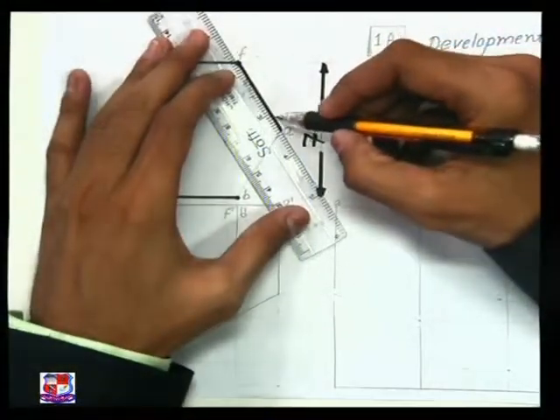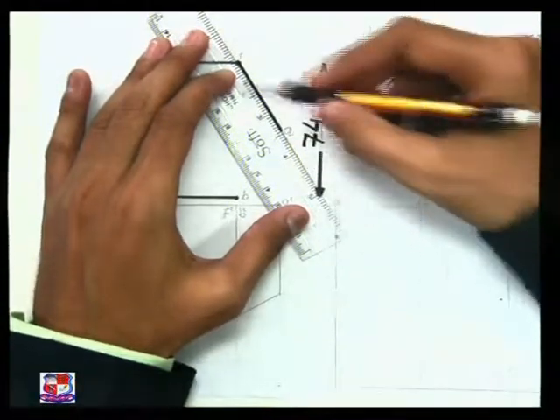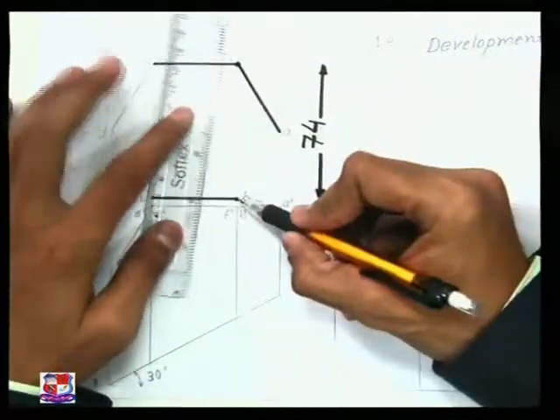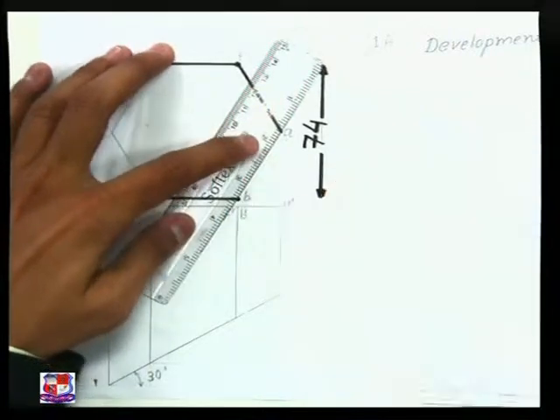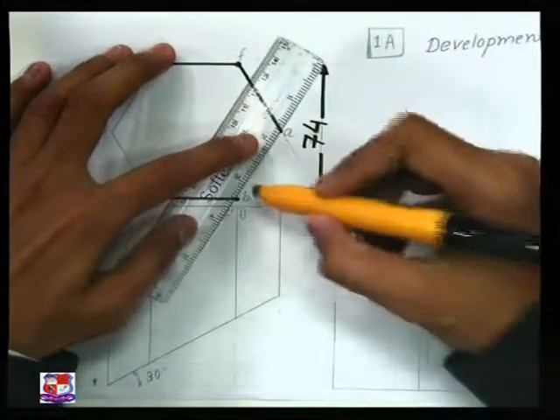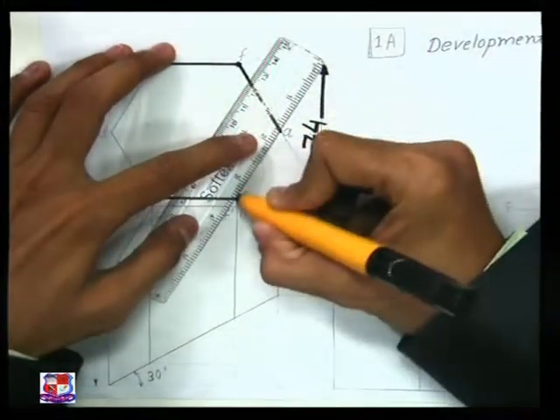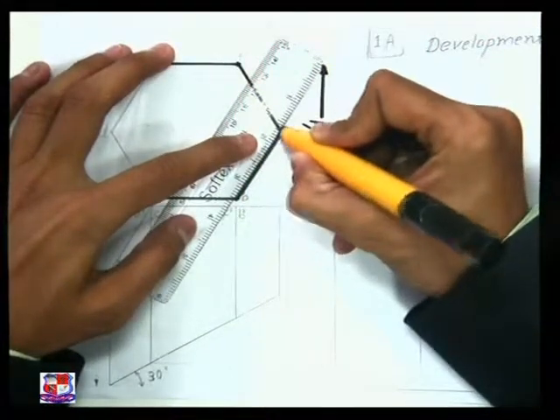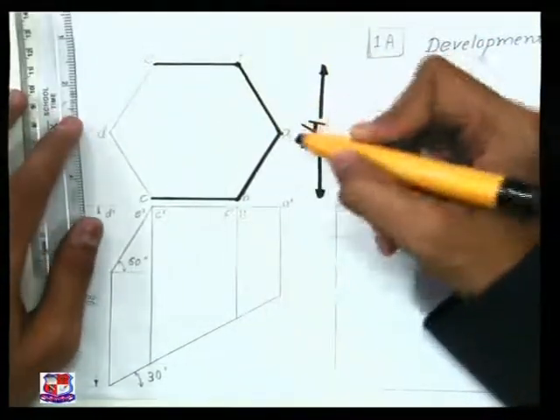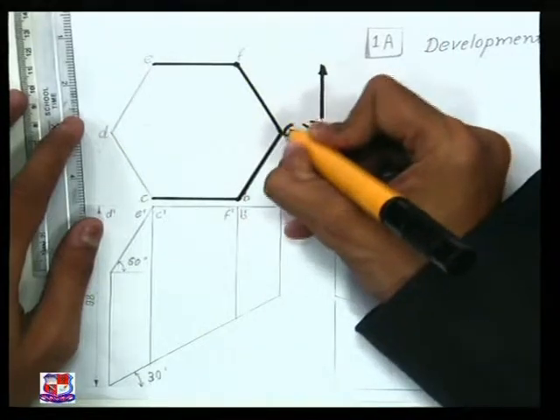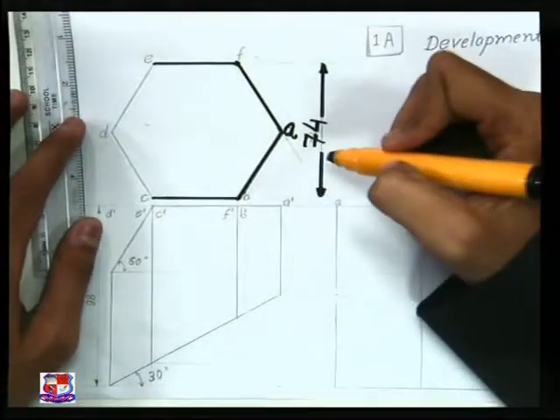We don't know its actual length, so extend it somewhere here. And from this point also draw a line which makes an angle of 120 degrees with the horizontal line, and both these lines will cut at one point somewhere here. Name that point as point A. So this is our first point.